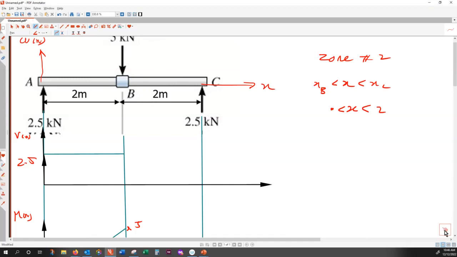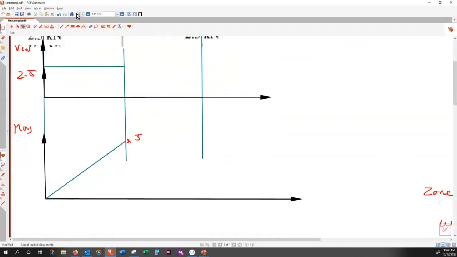But before that, we notice that at the very point B, there is a discontinuous force. That discontinuity means my shear force goes from 2.5, traveling 5 in the negative direction. So from plus 2.5, it comes to minus 2.5.